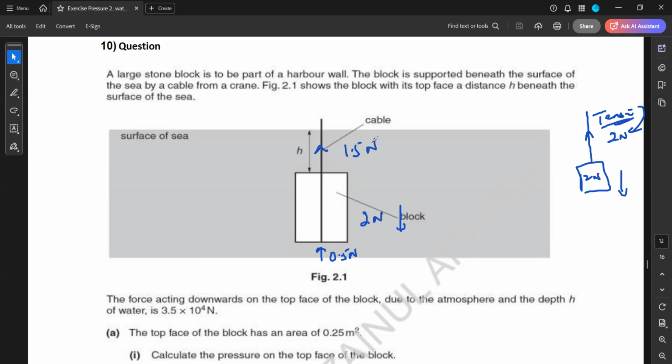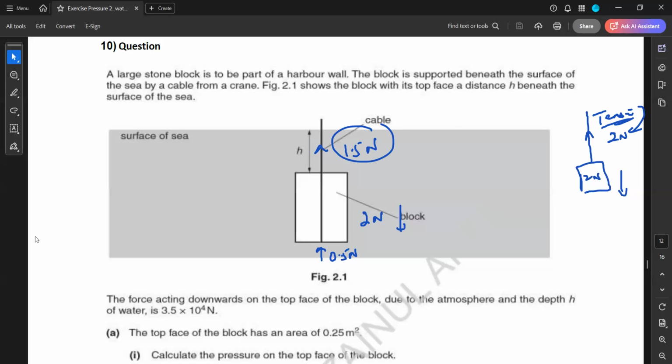That's why we don't have to apply the same amount of force, and why it is easier to lift heavy objects underwater than outside. So I don't have to apply 2 newtons, I have to apply 1.5. So one reason is that there's an upthrust force from the liquid. That's why the tension will not be the same.